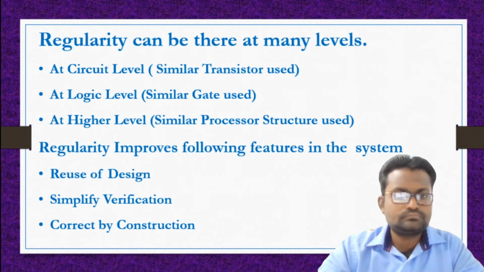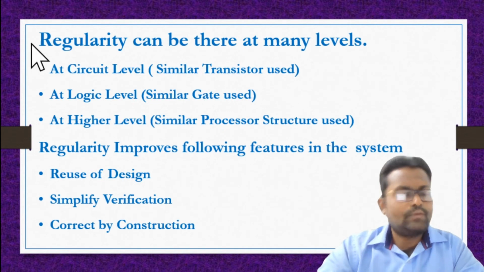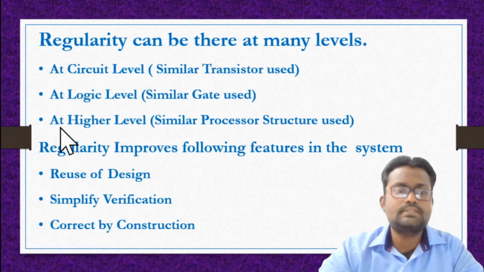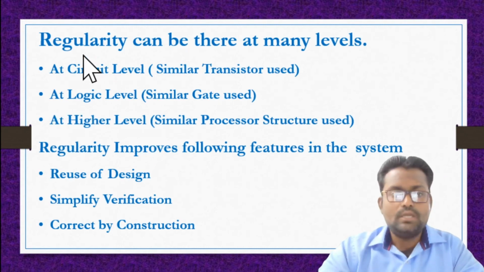Okay, so regularity is also divided into certain levels. First one is at circuit level, second one is at logic level, and the third one is at higher level. Now what is circuit level?